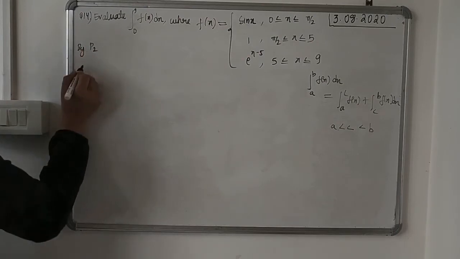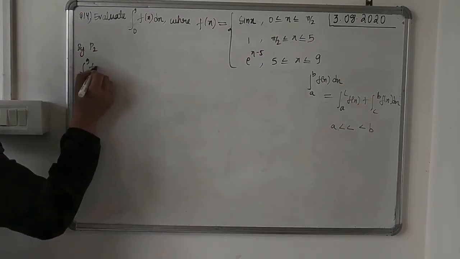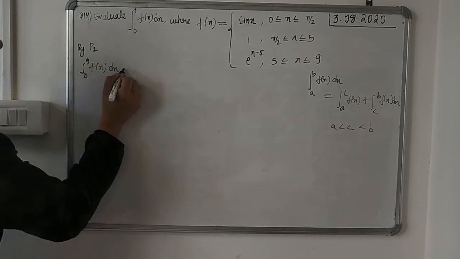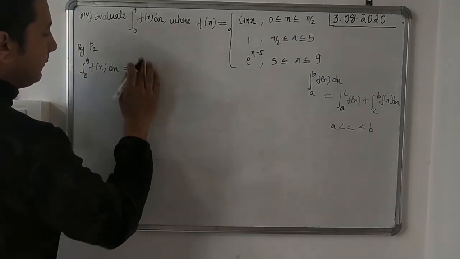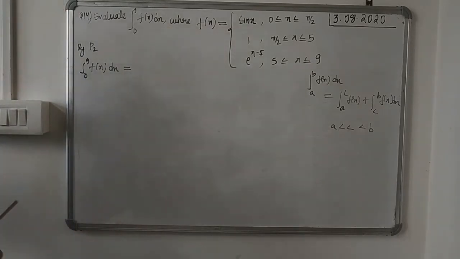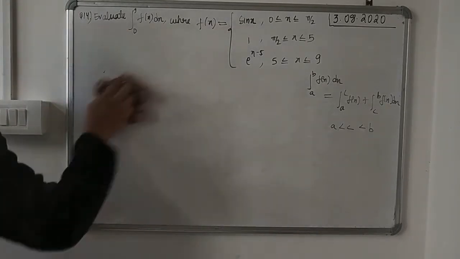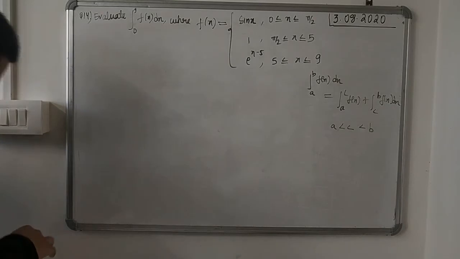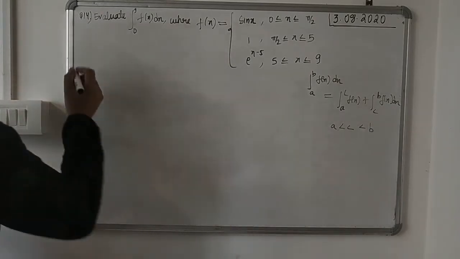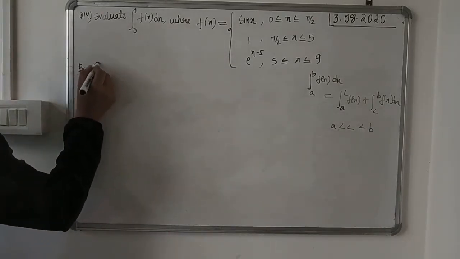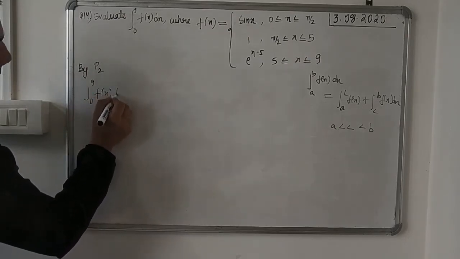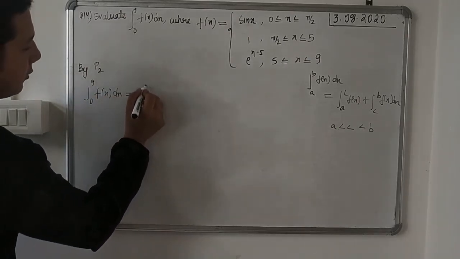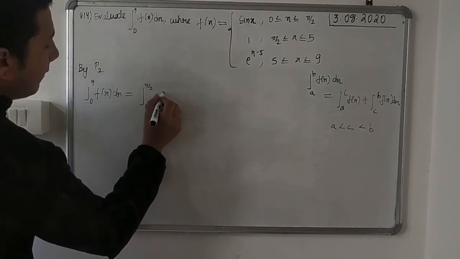So you can write, by property 2, the integral from 0 to 9 of f(x) dx. I can write this as, first, from 0 to 90 of f(x) dx.